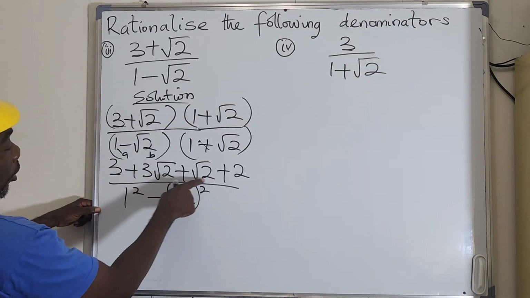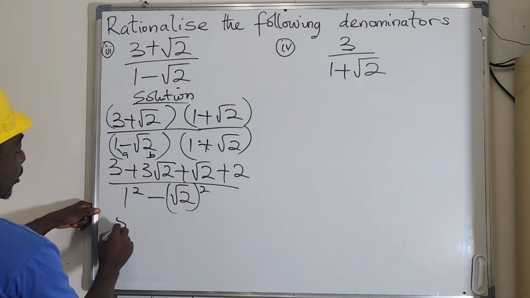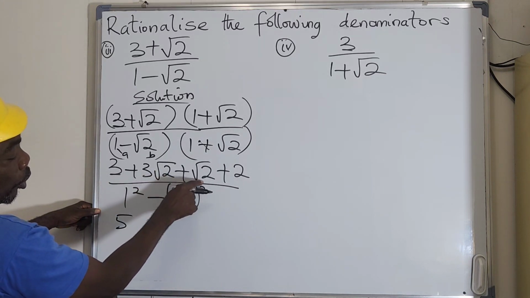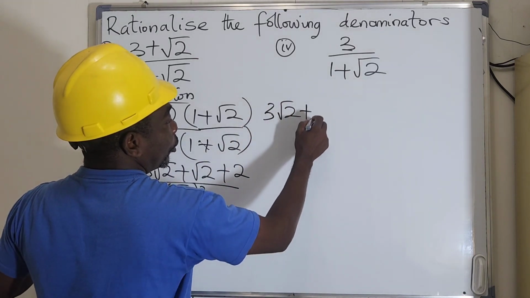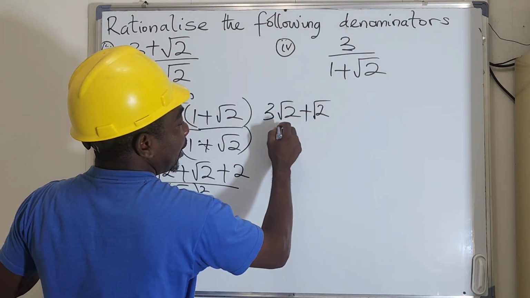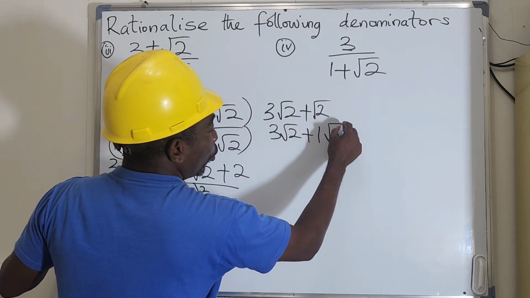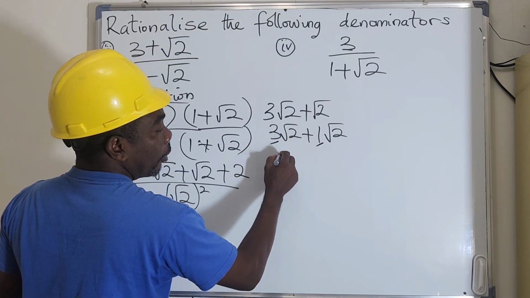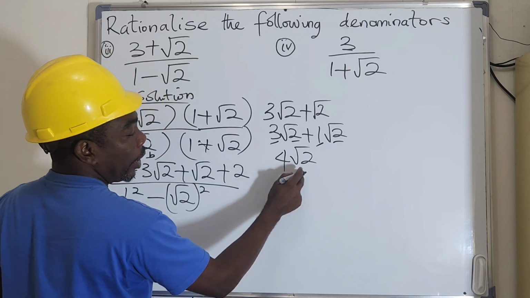So this one will become, we collect like terms, 3 plus 2 will give us 5. Then we have 3 root 2 plus root 2, which is the same thing as 3 root 2 plus 1 root 2. So this one plus this one gives us 4. Then we bring the root 2 down.